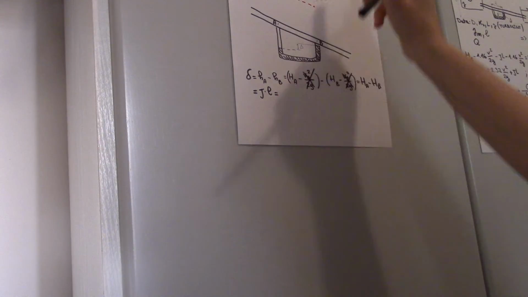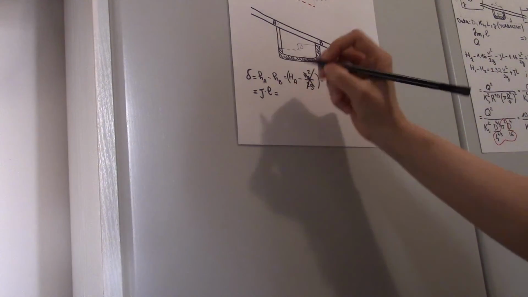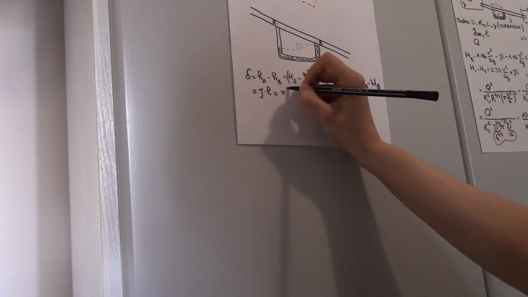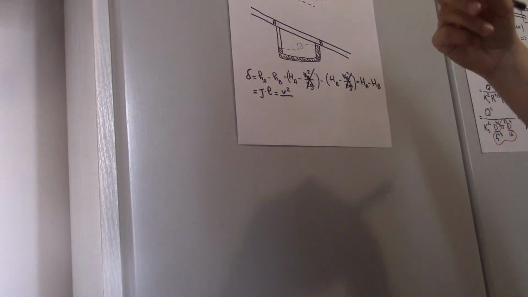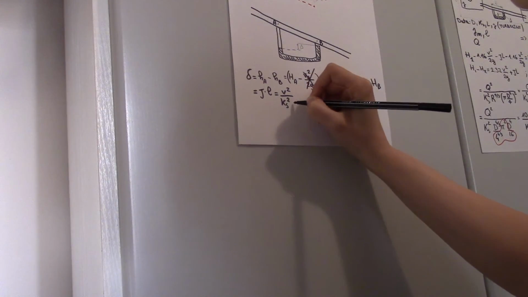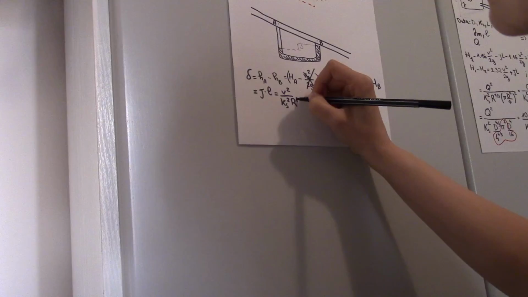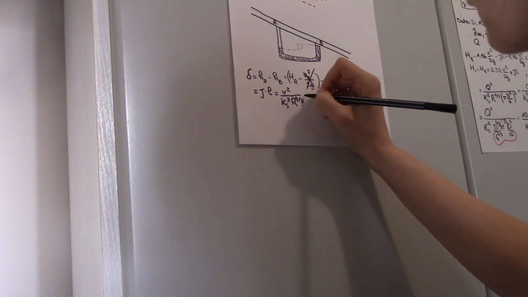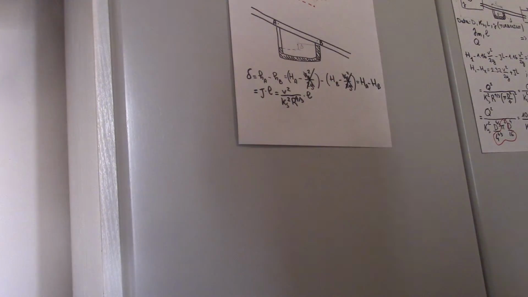Once again, I can write this so I will get v to the power of 2 over ks to the power of 2 times r to the power of 4 over 3 times little l. Alright, so this little delta is given because I have v, ks, r and l.